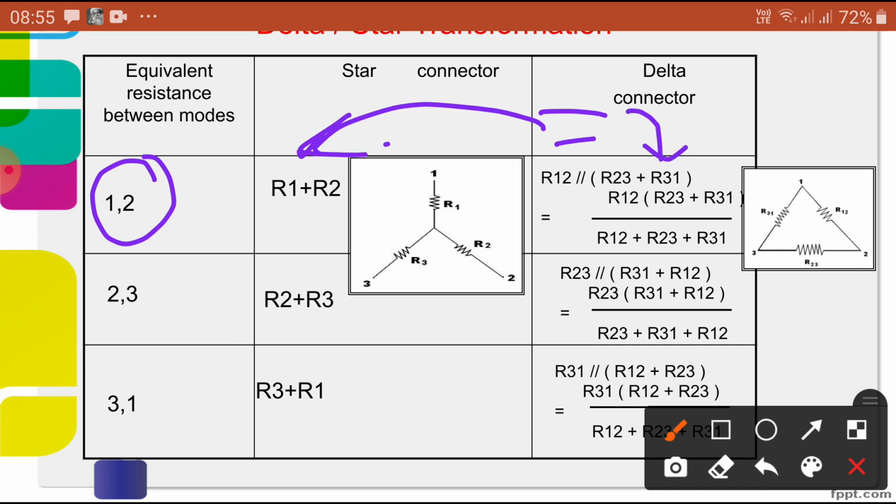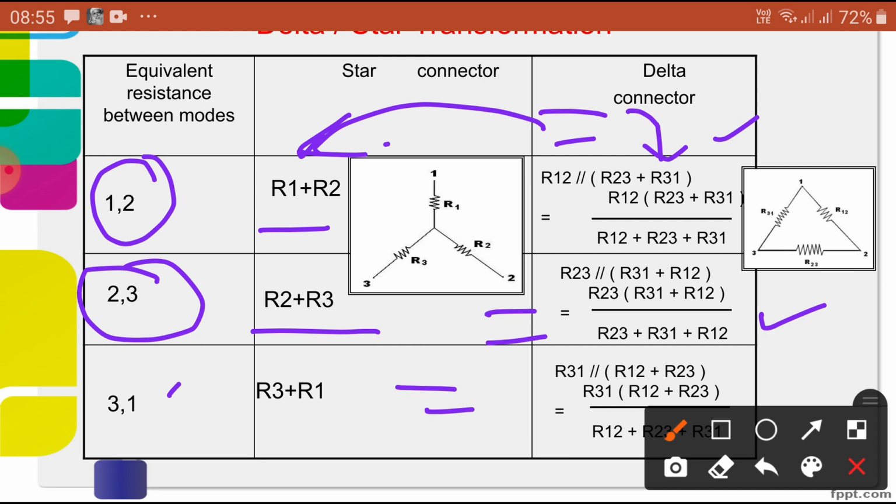So R12 is equal to R delta in this case. Now R23 is equal to this value in delta, and R31, that is R3 plus R1, is equal to this value.